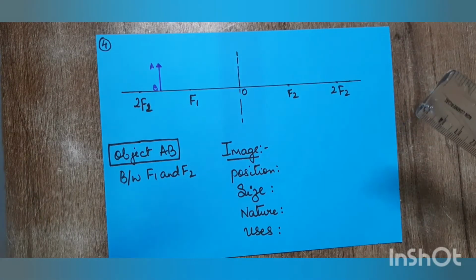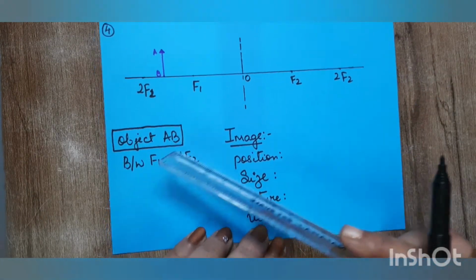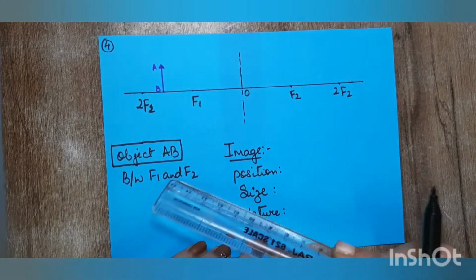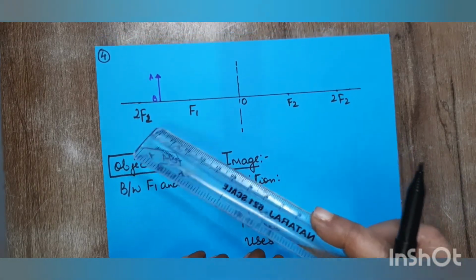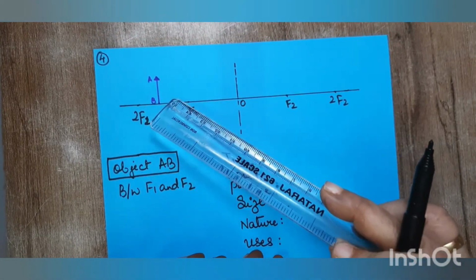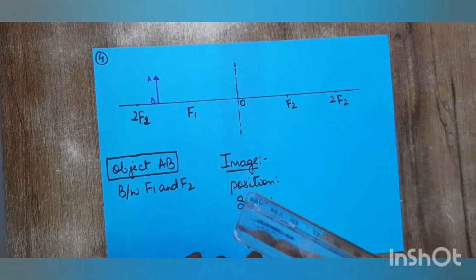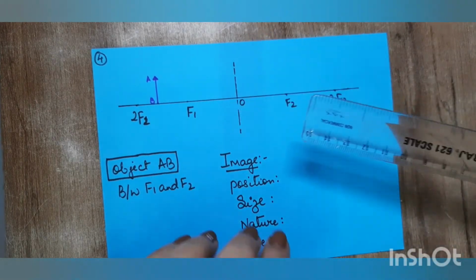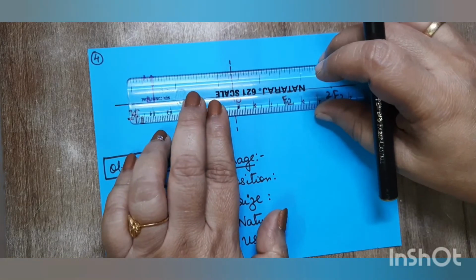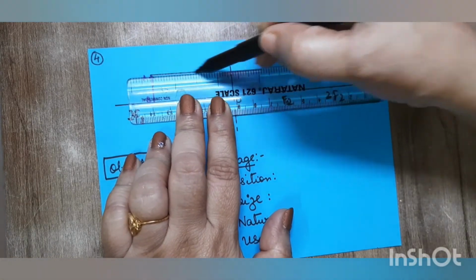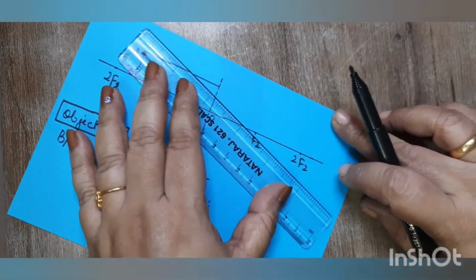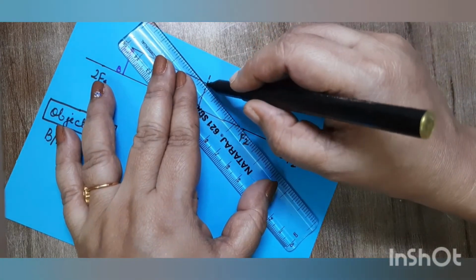Now moving on with the fourth position. The object AB is placed between F1 and 2F1. Again, as I told you, do take only 1 or 1.5 centimeter. Draw only this line here. We will draw the ray diagram: parallel, then it passes through F2.